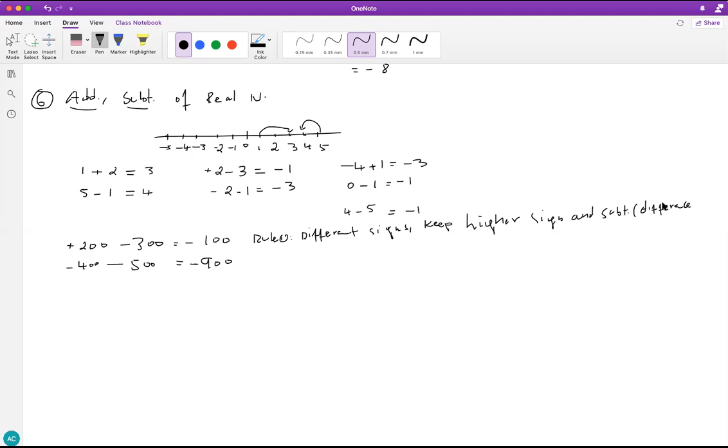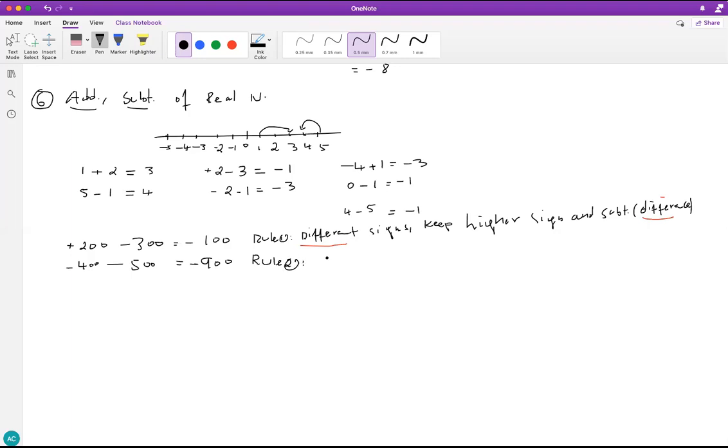One of them has to win by how much? That's the difference. So with different signs, remember to do the difference, which means subtract. That's rule number 1.